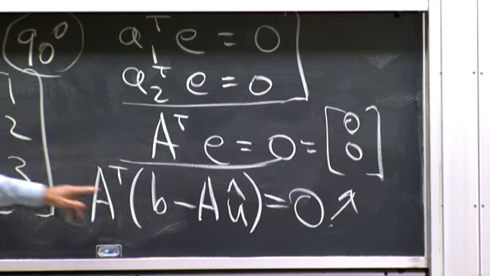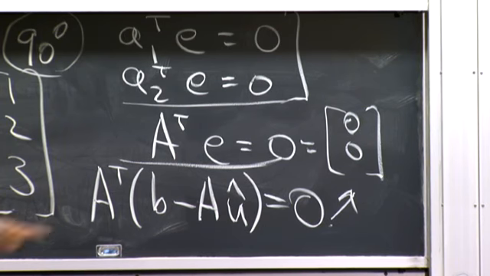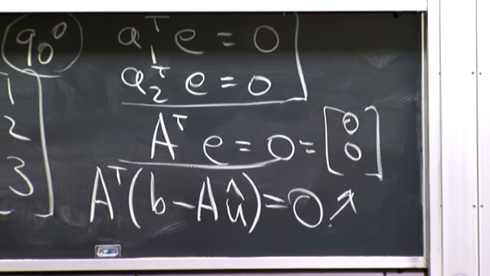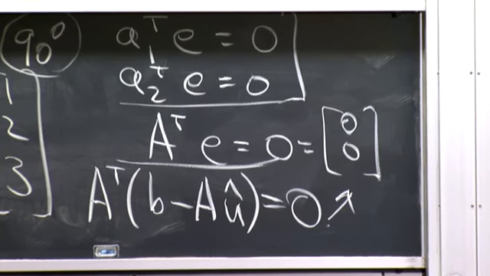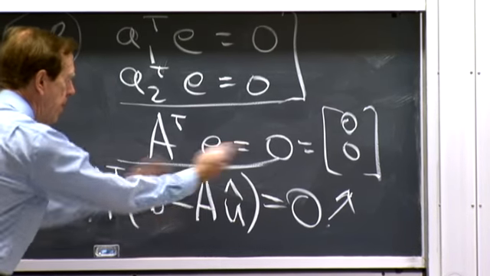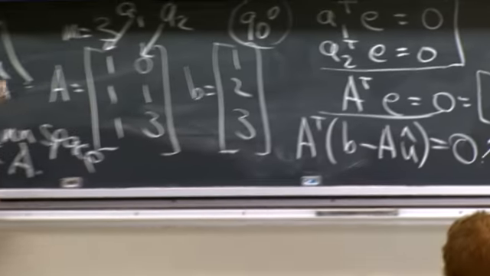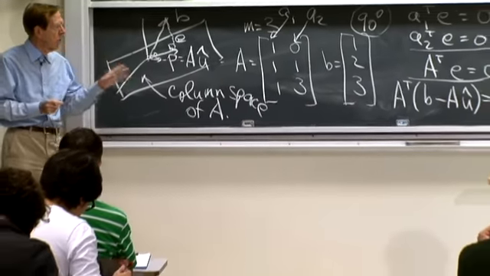And then I just plugged in what E is, and now everybody sees it, right? Everybody sees that we've got the picture. This 90-degree angle was the key to these equations, right? Because if I put A transpose A U hat onto the other side, I've got exactly the normal equations that I wanted.